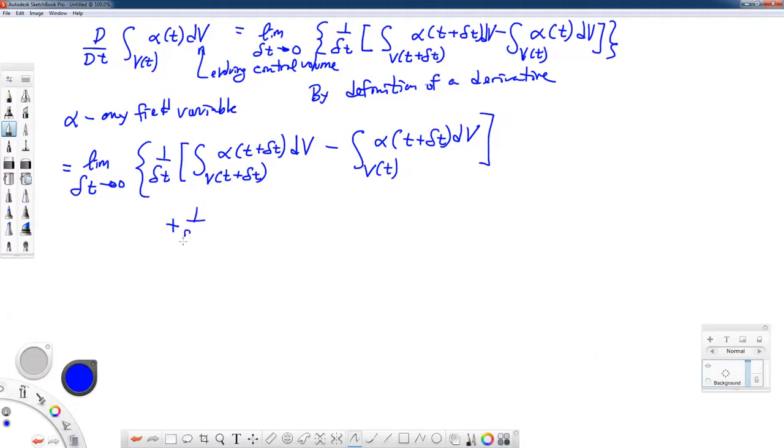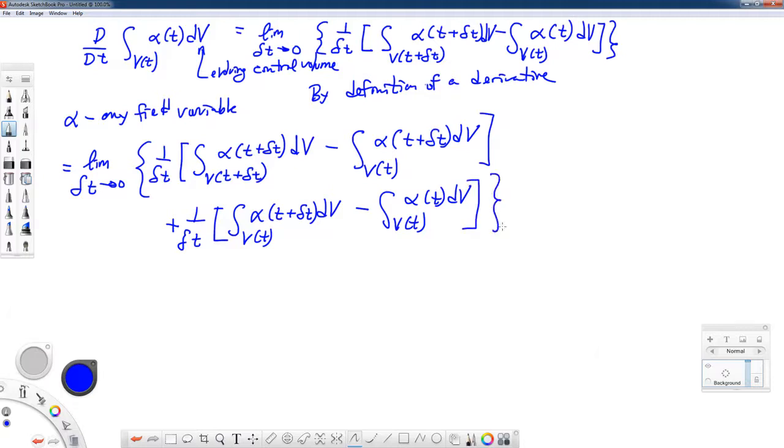I'm going to have this term 1 over delta t times the volume integral over v of t of the field variable alpha at t plus delta t, and now I'm going to subtract the v of t term, alpha at time t, dv, close bracket. And that's perfectly fine that we do that.